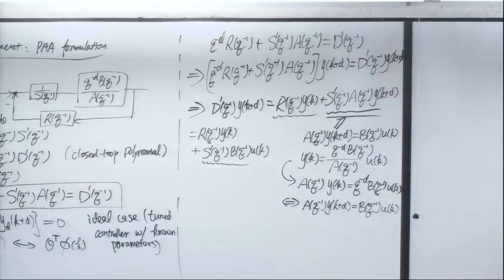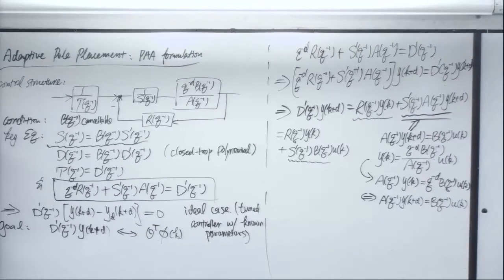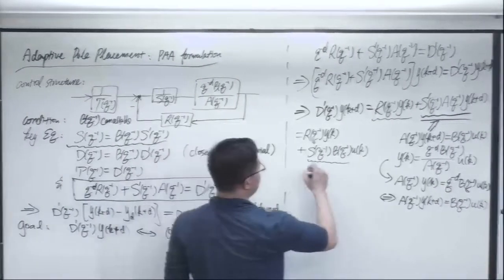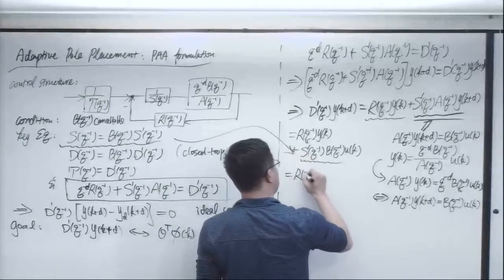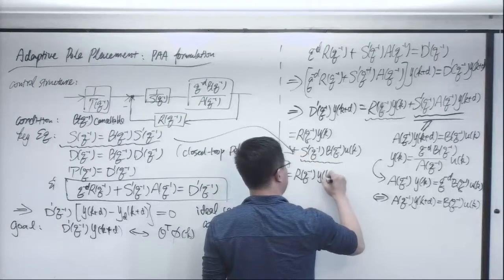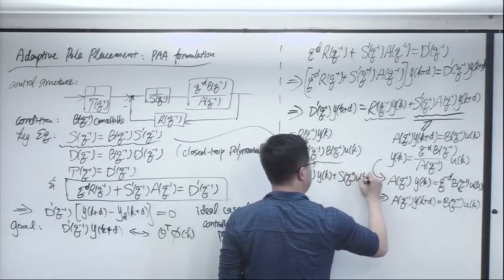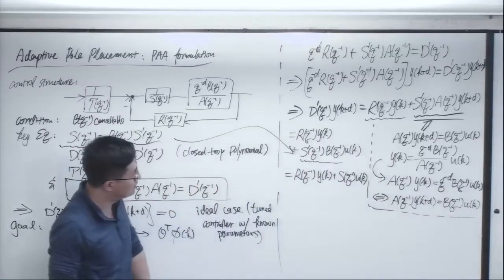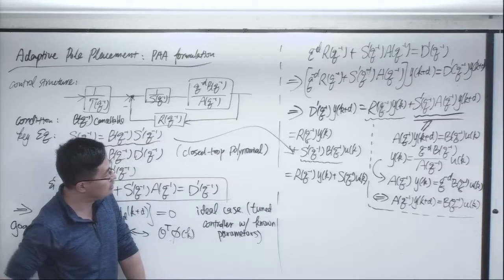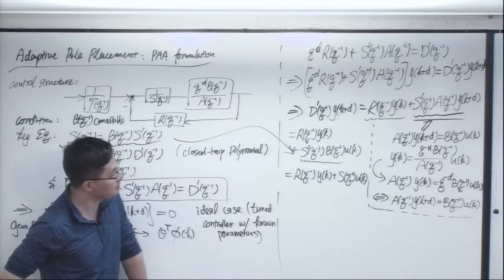Now things get even better. Look at our design here. S prime times B is really just S. So this really is just R Y and S U. Okay, so this looks now quite helpful.